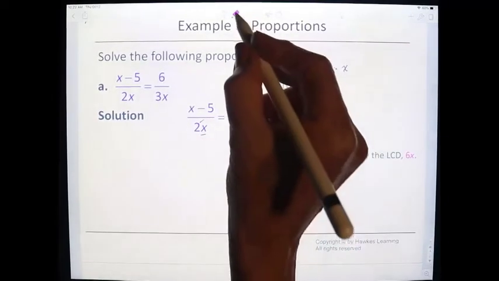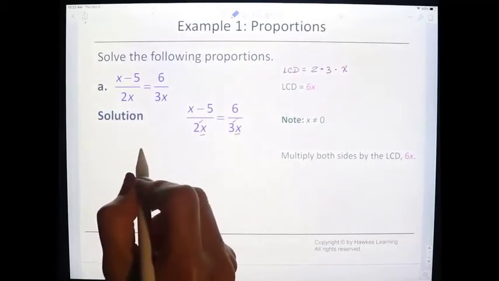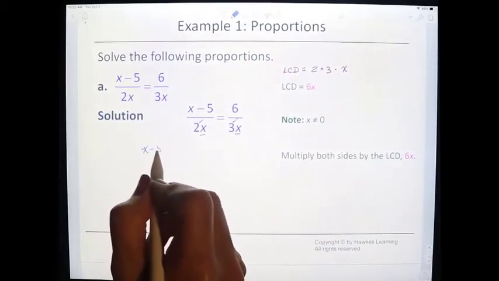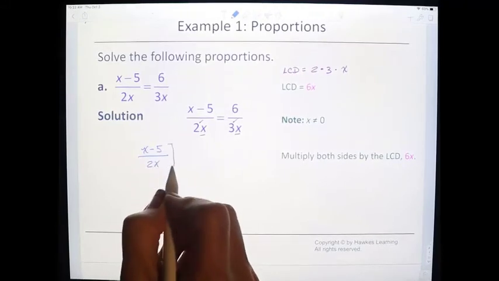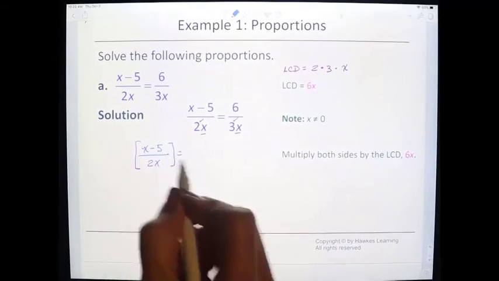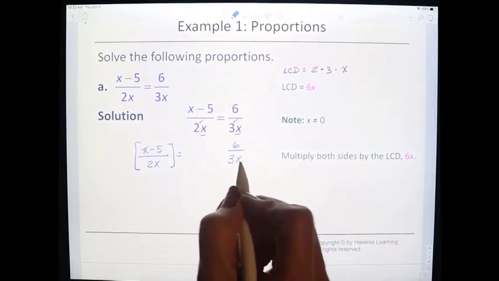So since we're solving equations, the process is a little bit different from adding and subtracting. So you're going to see me put a bracket around the existing equation.